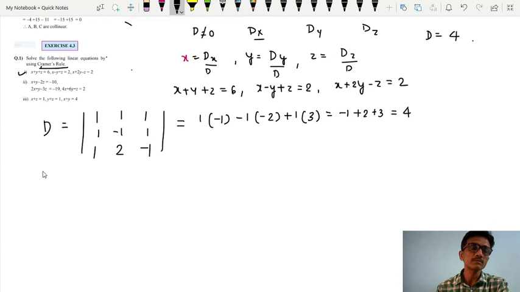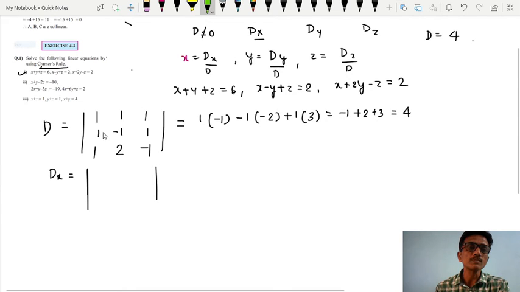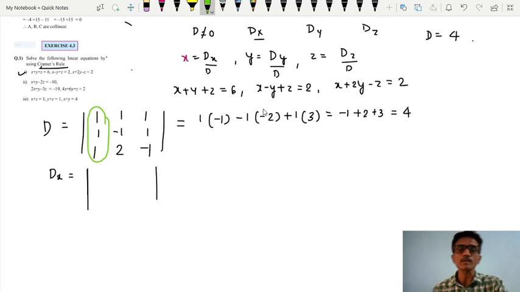Then we find Dx. So what is Dx? Dx is obtained from D. See this first column, these are the coefficients of x, and constants are 6, 2 and 2.